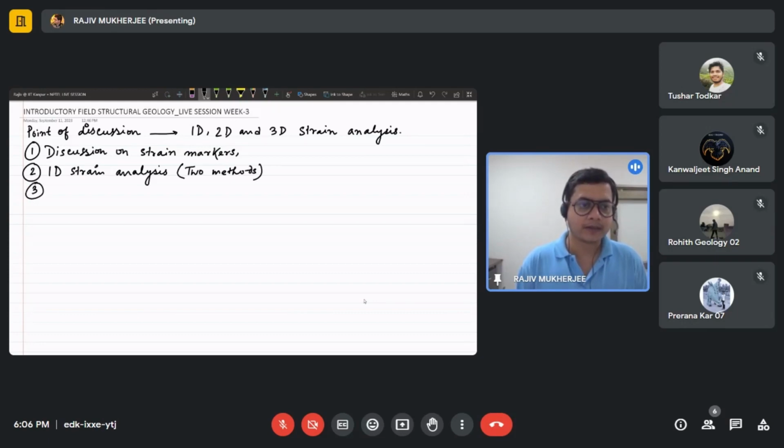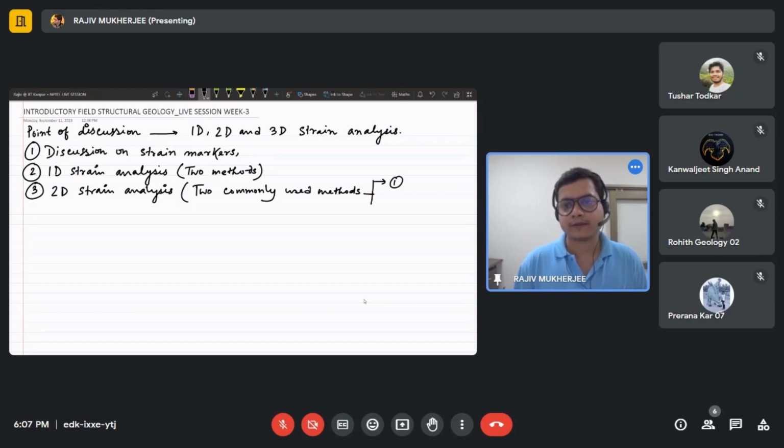Then finally we will discuss two dimensional strain analysis, and here we will also discuss two commonly used methods, which are, one is the Fry method or center to center method, and the other one is the RF phi method.